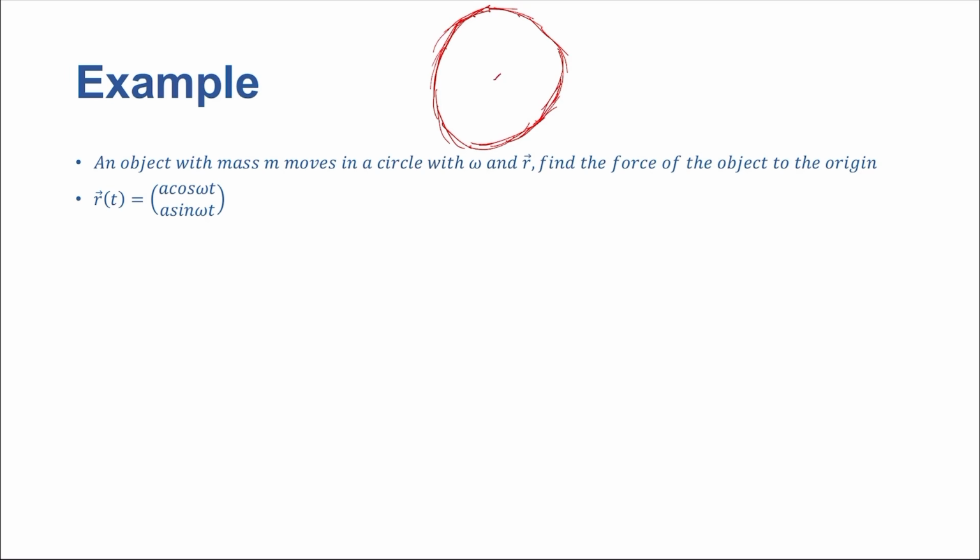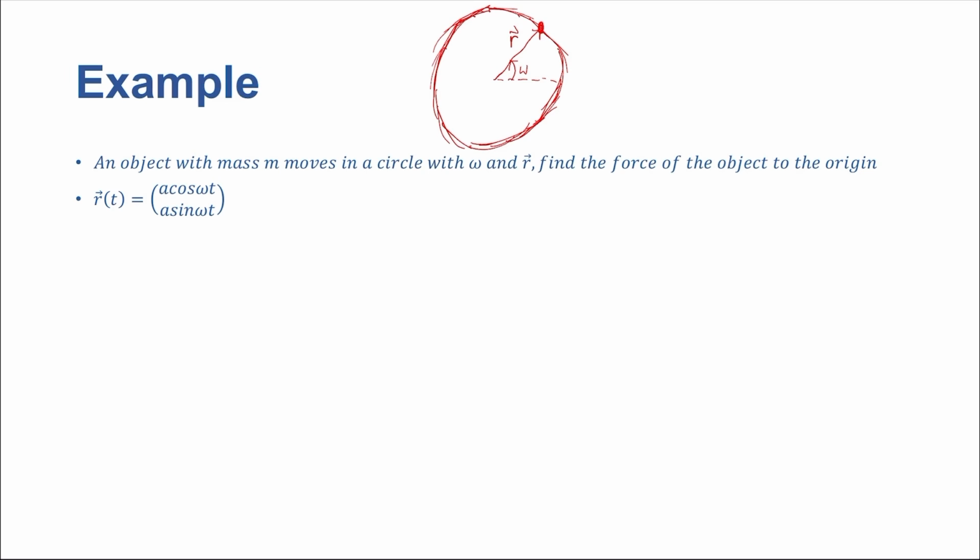Anyways, we've got omega as our rotational velocity, and r of t is a vector going from the origin to a point that moves around the circle. So r of t is equal to a cosine omega t and then a sine omega t.